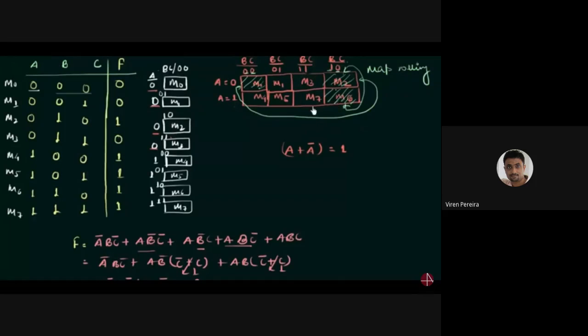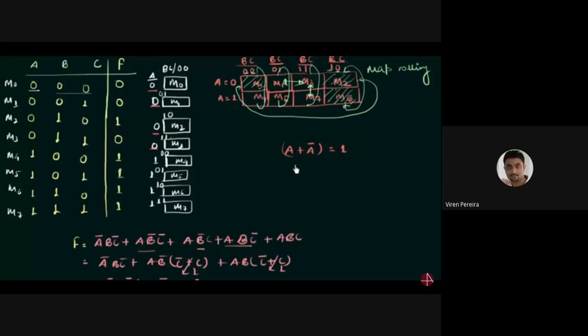So the adjacency follows between the two adjacent cells in this way and in this way, and also between the two end cells. In this way these two are same and these two are same. Not same means the two variables are same, one variable is changing. So this is all about the map formation.